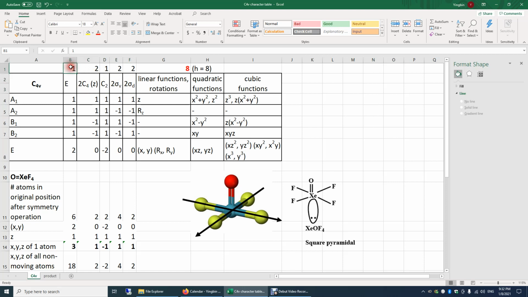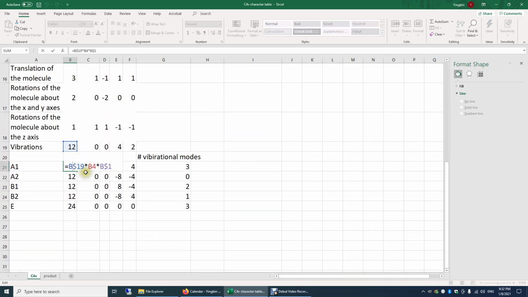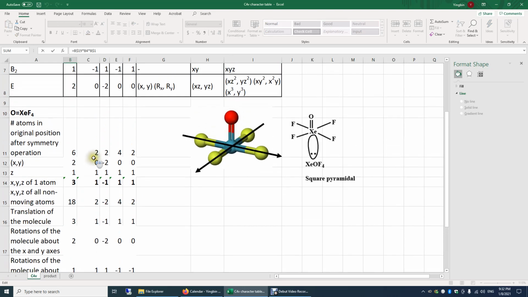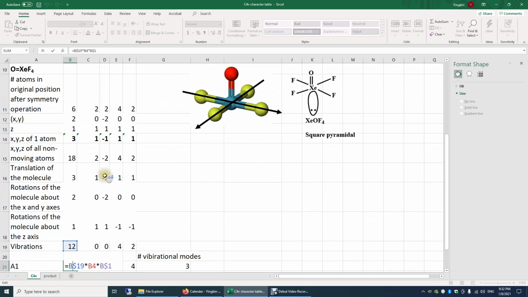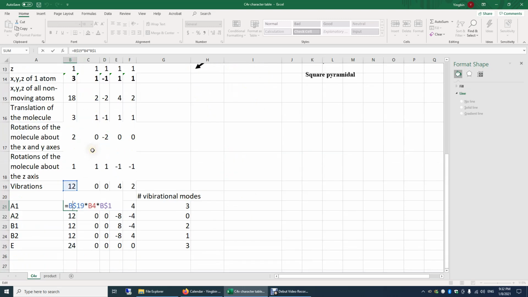So we need to multiply the corresponding numbers of symmetry operations as well. So let's click here. This is B$19, this one, times B4 over here, and then times B$1. B$1, it's this one. All right, and then we enter.